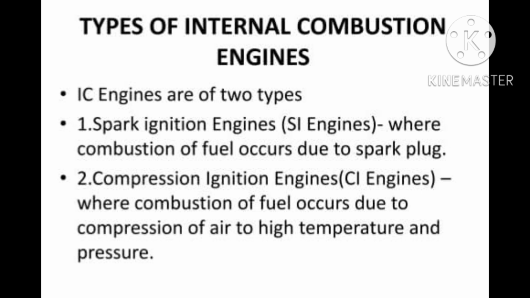So generally petrol engines are known as spark ignition engines. In compression ignition engines or diesel engines, the combustion of fuel occurs due to the high compression of air to high temperature and pressure. So we can classify internal combustion engines into these two types, SI engines and CI engines.